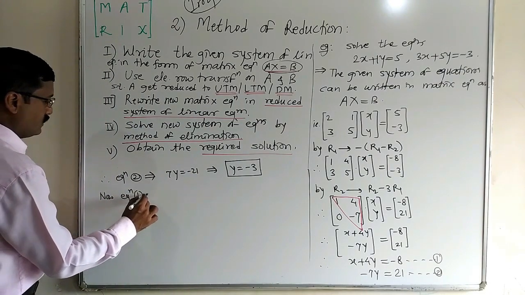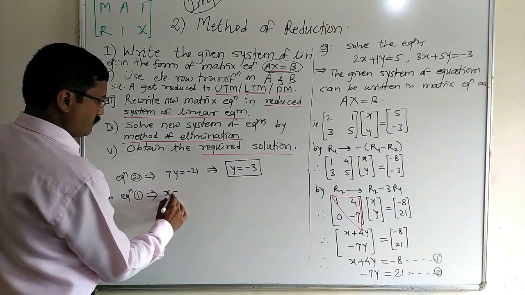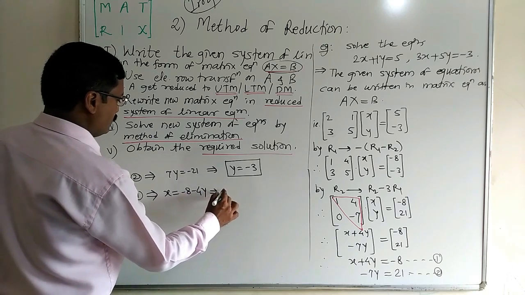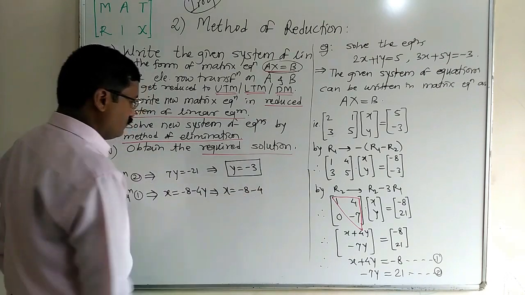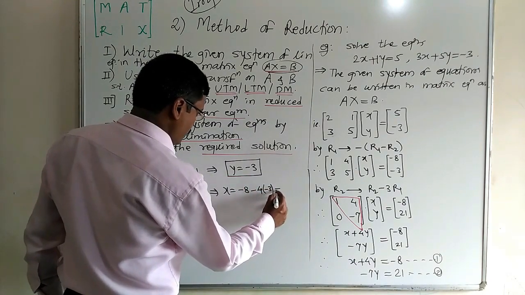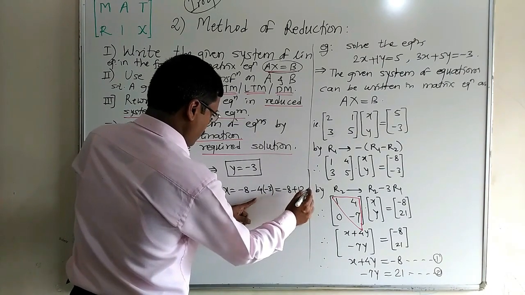Now equation 1 implies x equal to minus 8 minus 4y, which implies x is equal to minus 8 minus 4 into the value of y, minus 3. So it is equal to minus 8 plus 12.